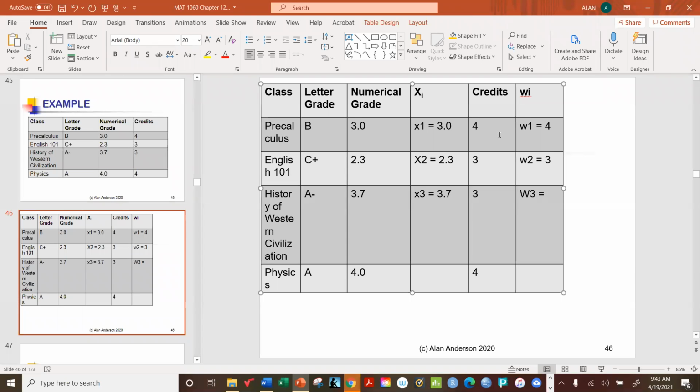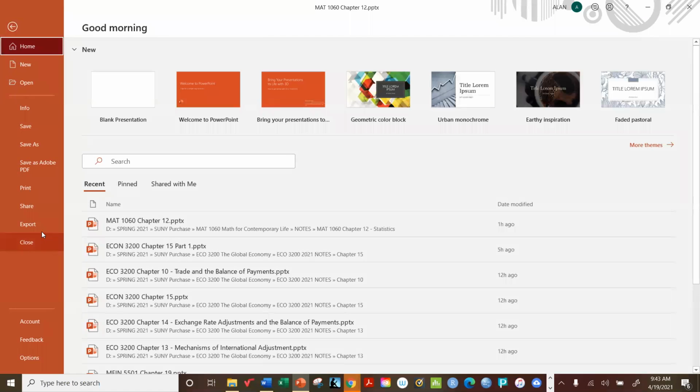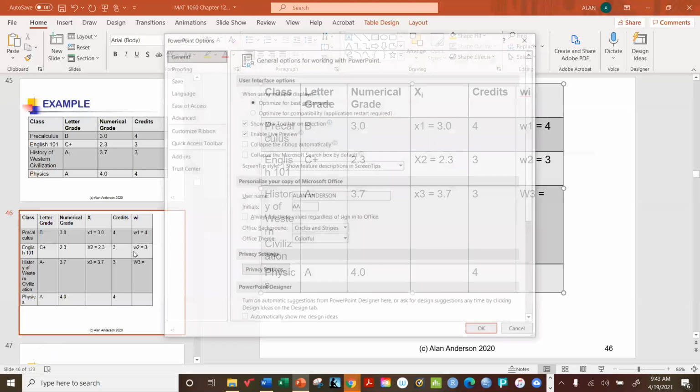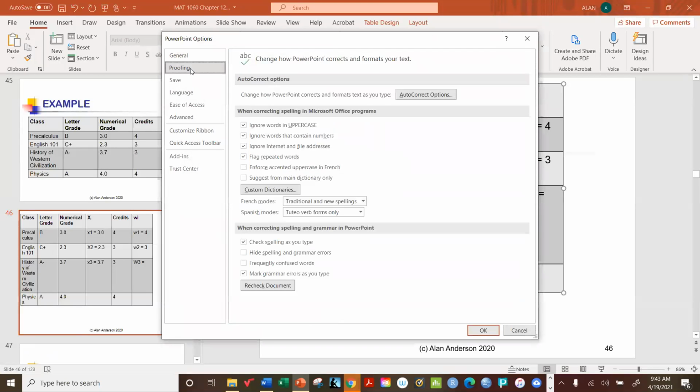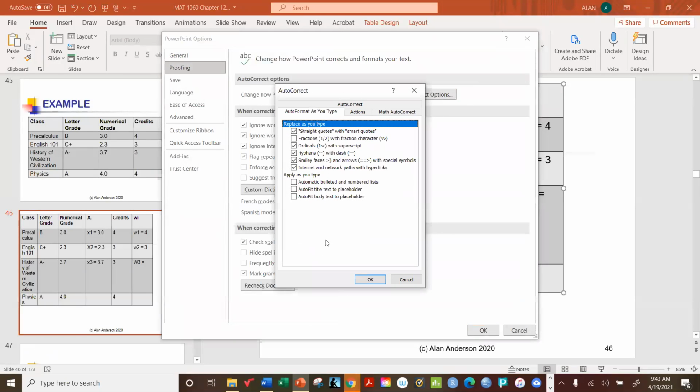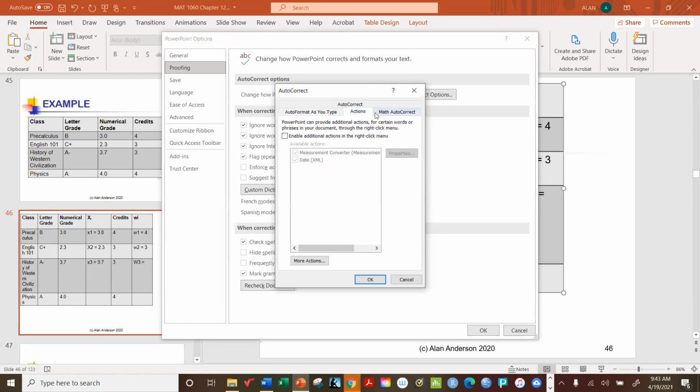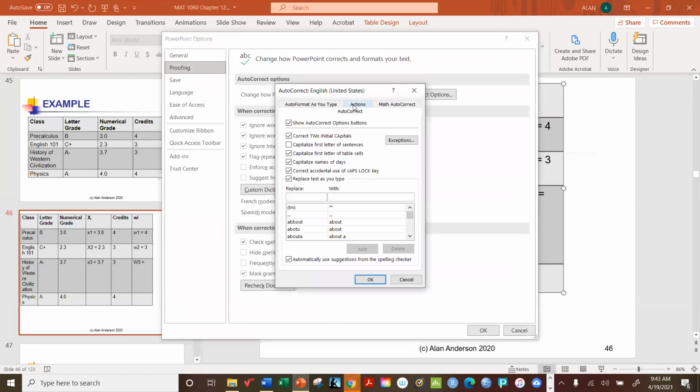There's a way we can fix this. Watch this. If you've ever used PowerPoint, you know that it tries to take control sometimes. And so the way to get rid of that, go to Options, Proofing, Autocorrect Options. Here we are.